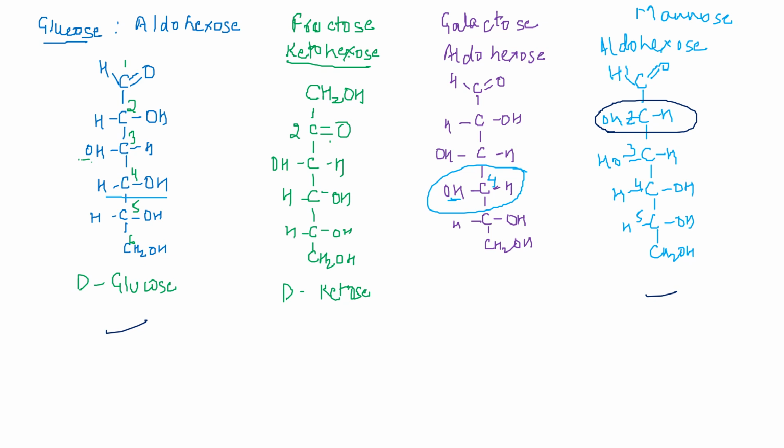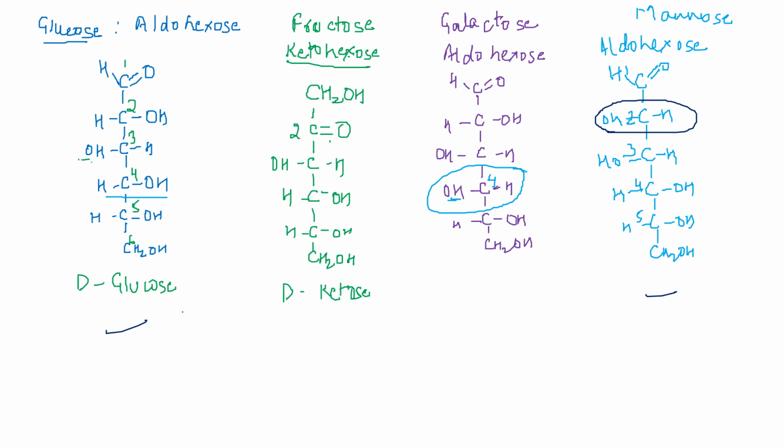So here I would like to introduce one term, epimer. If we compare the structure of glucose and mannose, you will find that they differ in configuration only at one carbon, that is the C2. Those isomers which differ in configuration only at one carbon are called epimers.